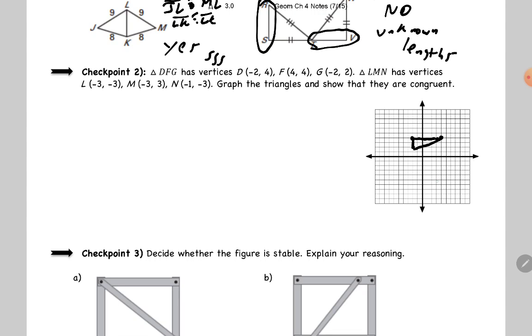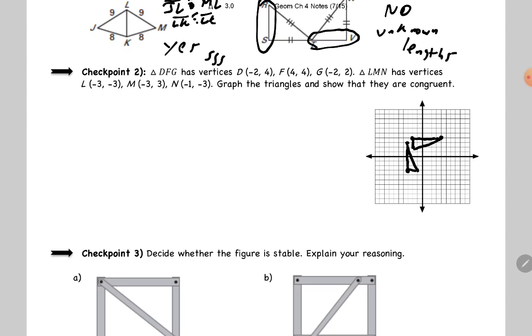Okay, and then LMN has -3, -3, -3, +3, and -1, -3. And we want to know if those 2 triangles are congruent.